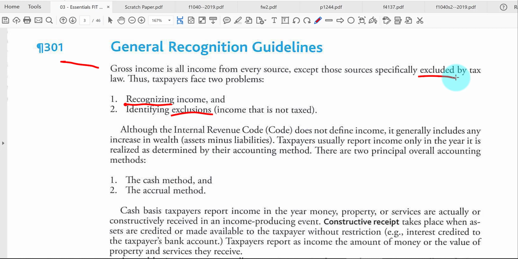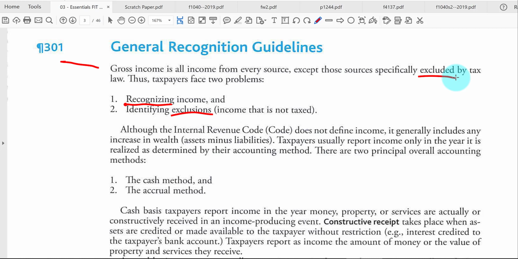Now, there is some income that is both partially taxable and non-taxable. We're going to see some of that maybe later in this chapter. An example would be possibly the Social Security retirement income a taxpayer receives. So in this chapter, we're going to learn various types of taxable or includable income.